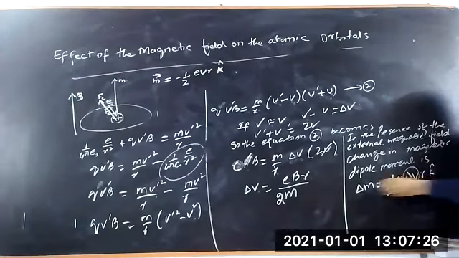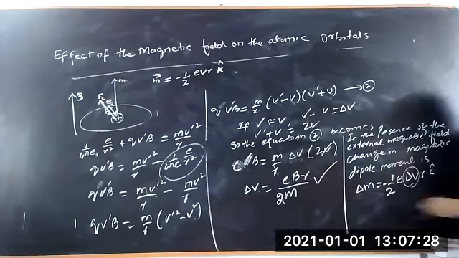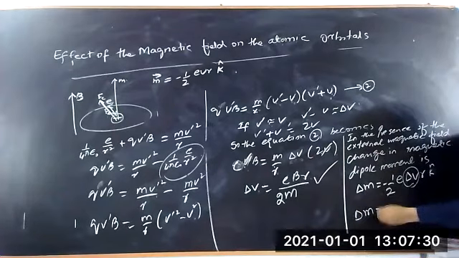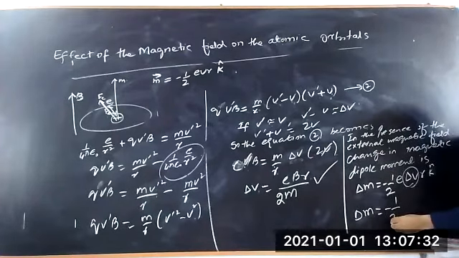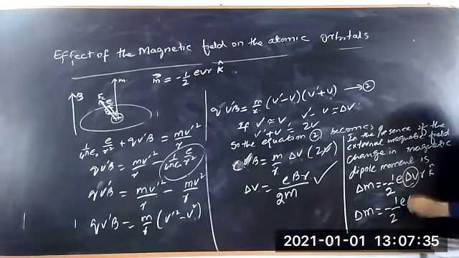This delta V is this. So here delta M is equal to minus 1 upon 2 e R into delta V.